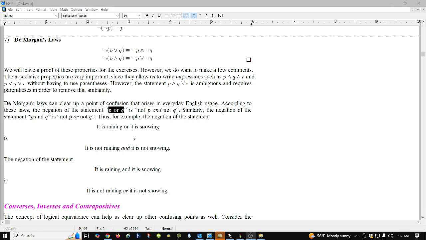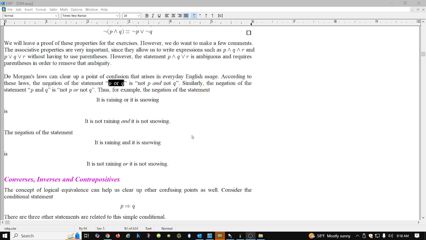So here are some examples in English. It is raining or it is snowing. Negation: it is not raining and it is not snowing. It's surprising how often I hear people mistakenly say in a situation like this, it is raining or it is snowing.